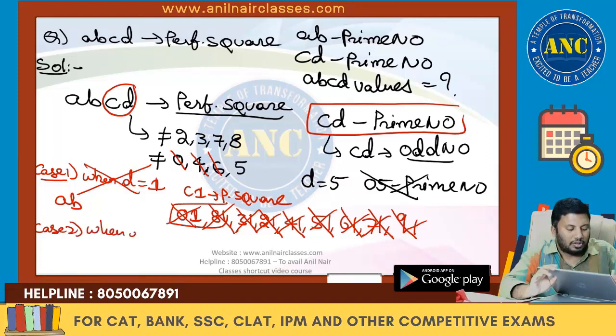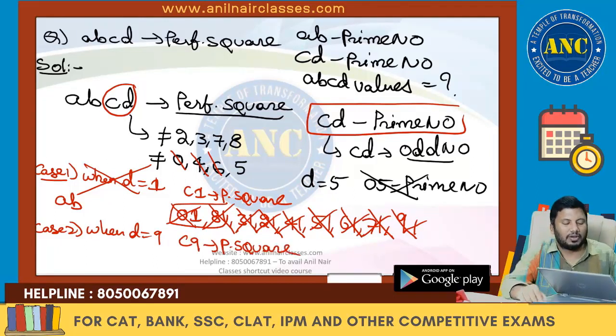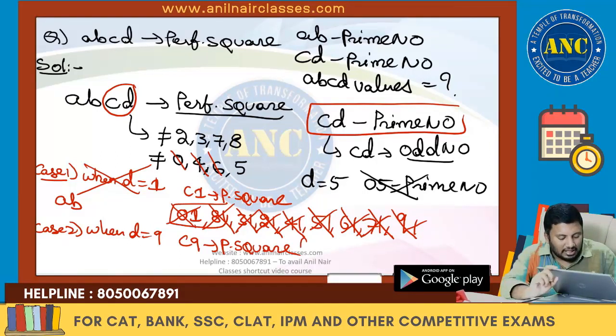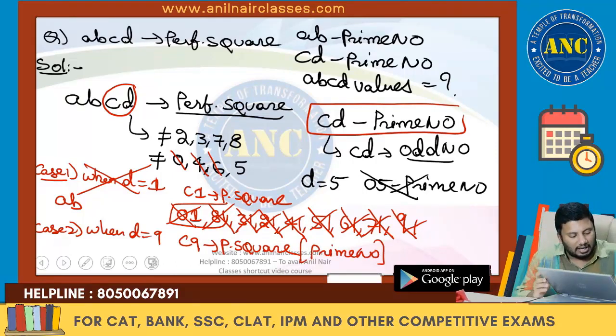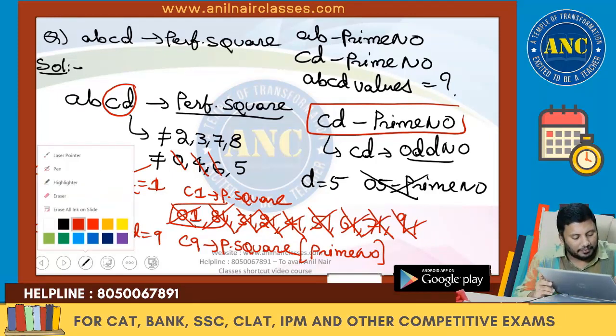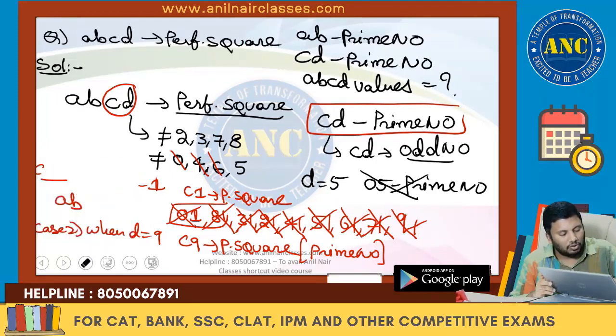Now when D equals 9, that means C9 should be a perfect square. If C9 is a perfect square, what are all the cases possible?